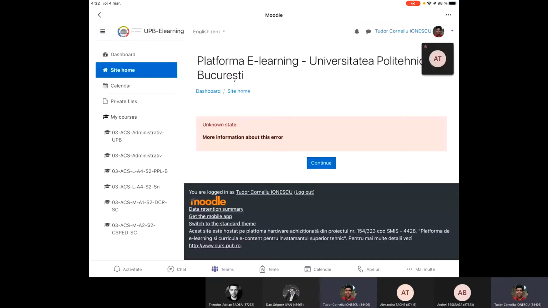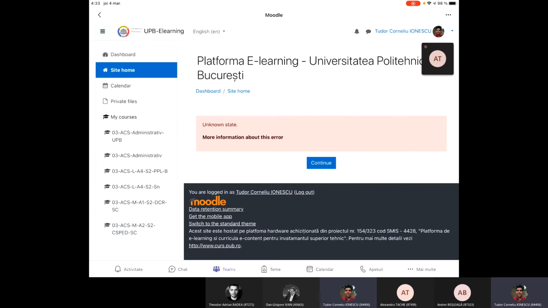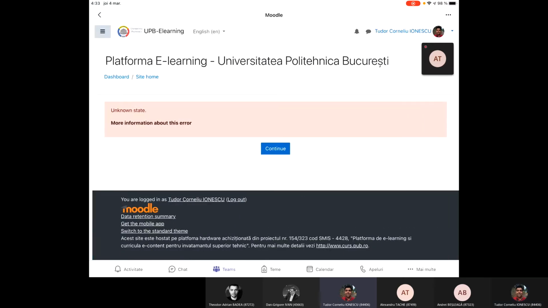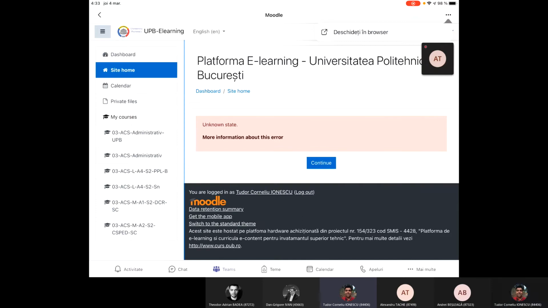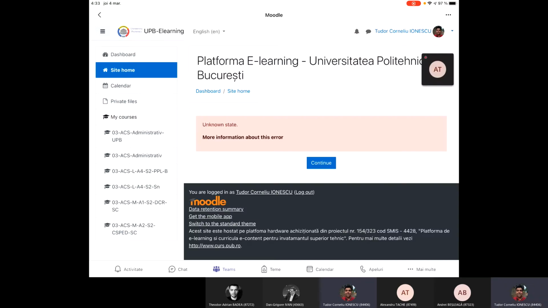Let me go back to the Teams. I want to get out of this Moodle stuff, and I cannot do it. I don't want to use the Moodle now. I don't want to open it in a browser. I just want to go back to my Teams. What happened here? This stupid app always makes it more stupid.